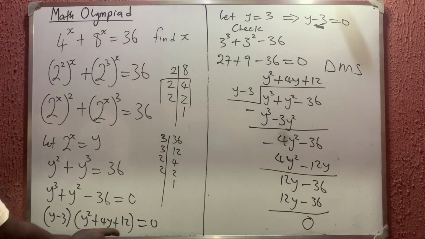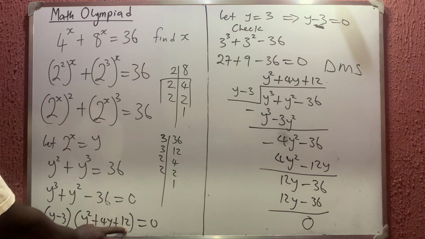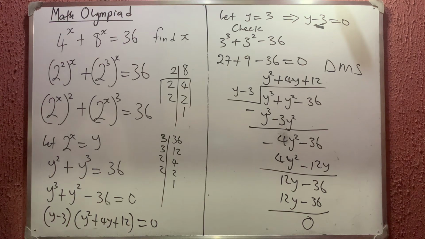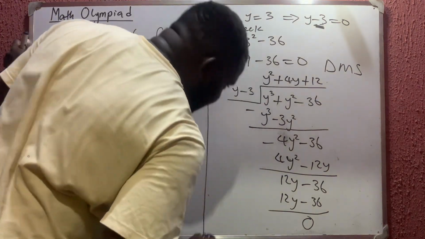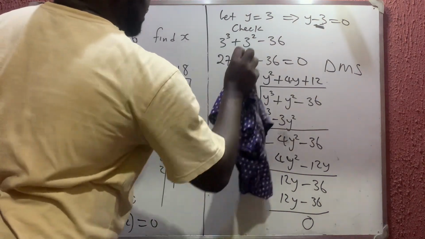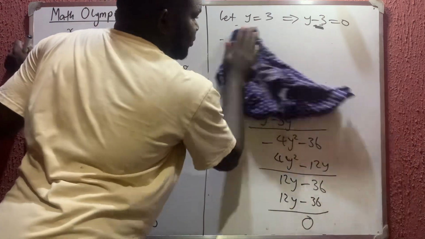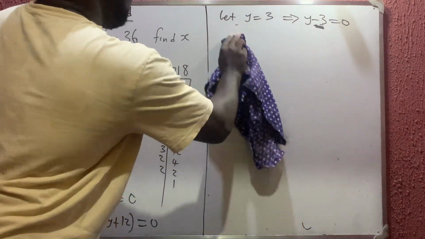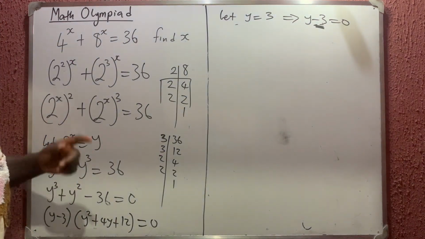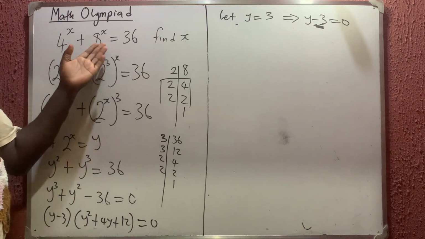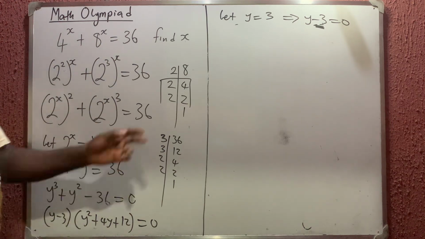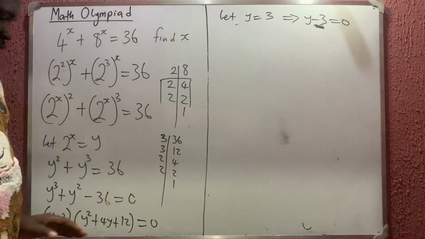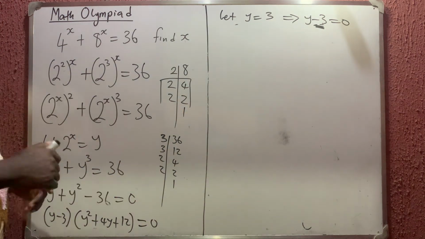So the next thing we do is we can factorize this particular expression, or if it's not factorizable, we can solve it using the quadratic formula. Now if we are asked to find only the real solution to this equation, then we're going to use only y equal to 3, because you know that when the product of two things is 0, automatically one of them is 0.